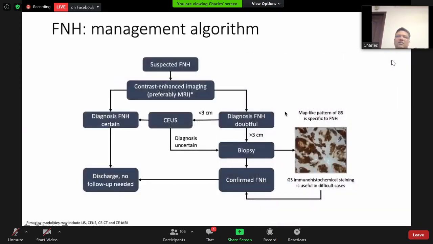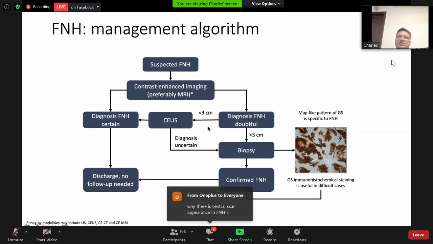And this is a flow chart for FNH. So for FNH, contrast enhanced imaging, preferably MRI. If it is diagnosed with certainty, then you don't need any further follow-up. Whereas if the diagnosis is doubtful and the lesion is less than 3 centimeters, the recommendation is to do a contrast enhanced ultrasound, because in lesions less than 3 centimeters, contrast enhanced ultrasound has better diagnostic utility than CT.